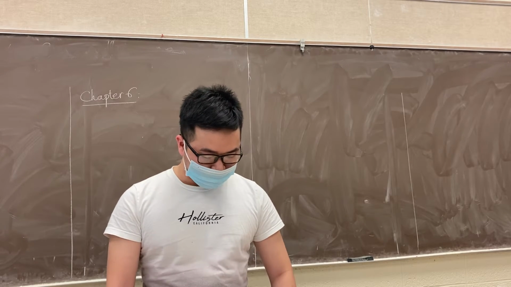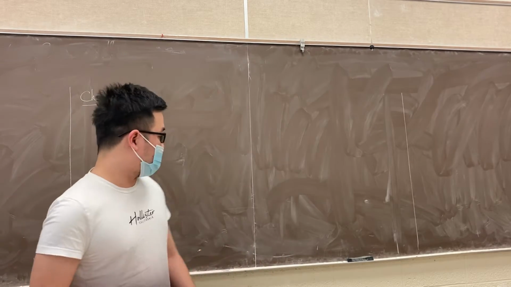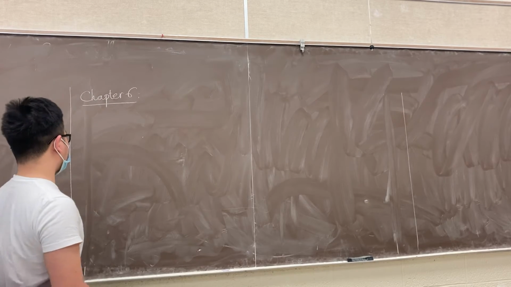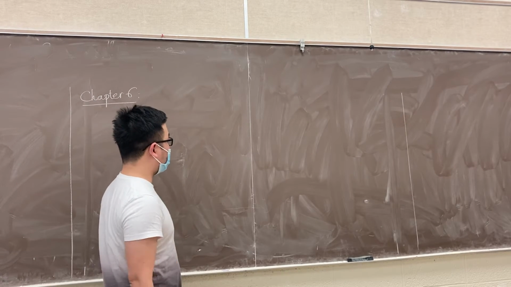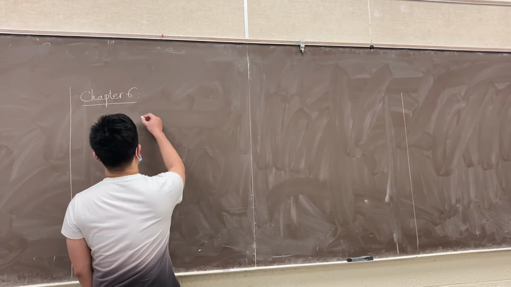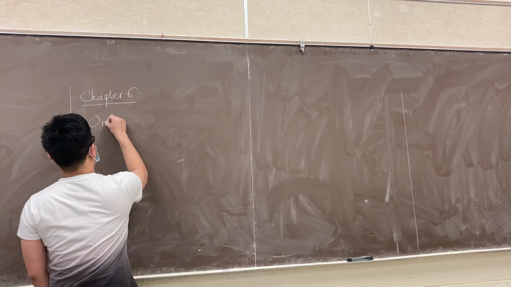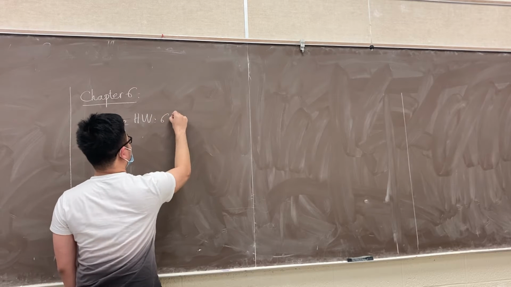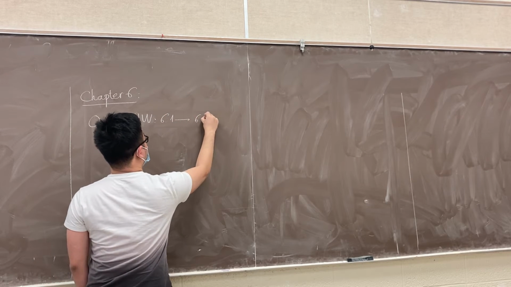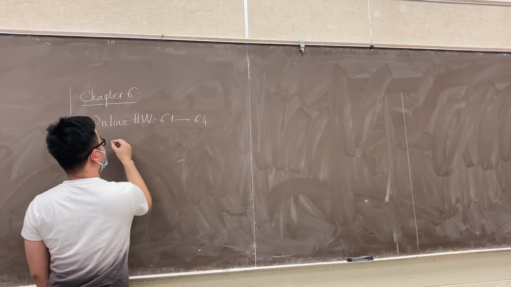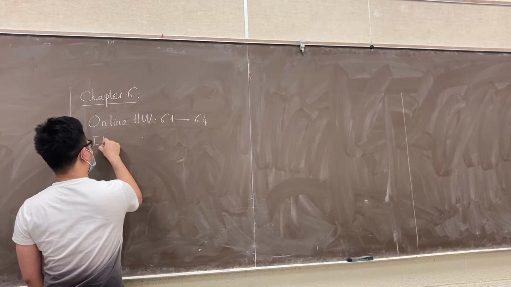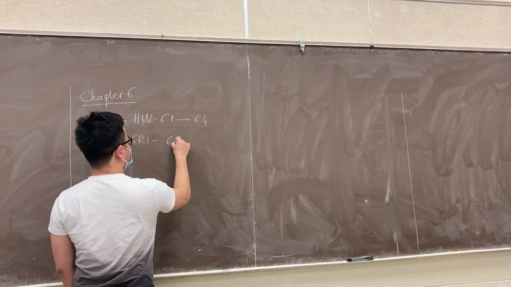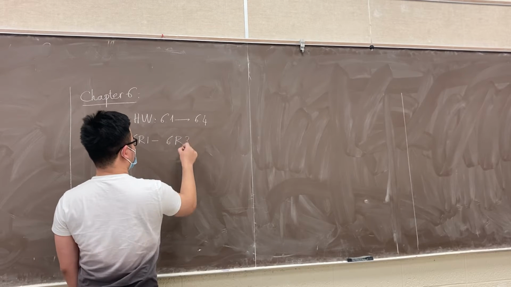I will give you some plan for this week and next week. This week we will have some online homework, from 6.1 to 6.4, and iterative review, 6R1 maybe to 6R3, something like that.